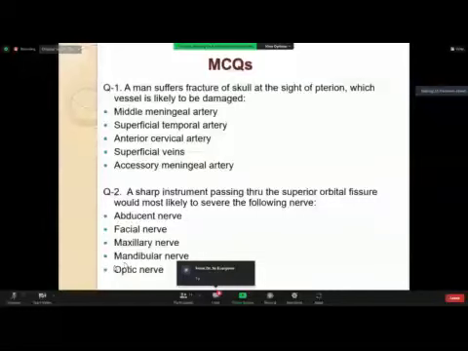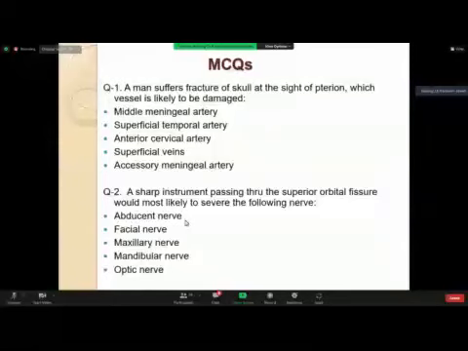A sharp instrument passing through the superior orbital fissure would most likely sever the following nerve. अब हम superior orbital fissure के contents पे जाएं. वहाँ पे important nerves थे. Optic nerve. बेटे optic nerve तो optic canal से आ रही थी. Abducent nerve.